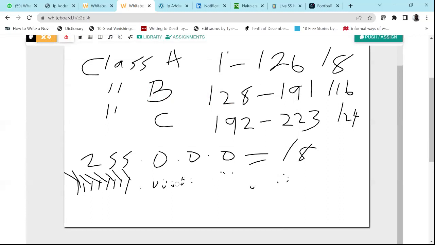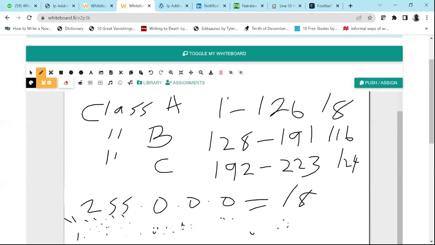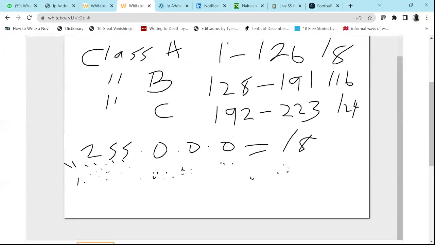So that's a /8, which is 255.0.0.0. Then we now have this /16. Okay, let me just clear everything.